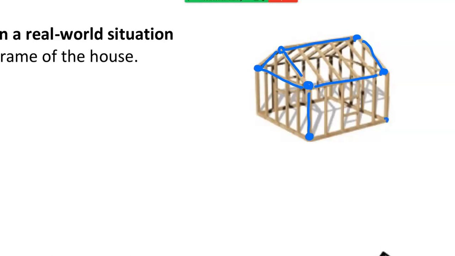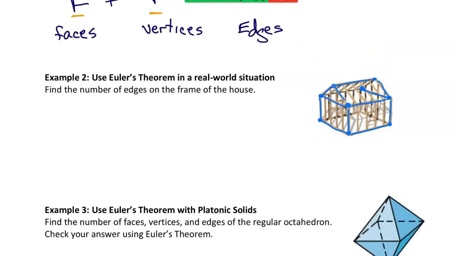Here's another blue dot, another blue dot. So hopefully this is starting to take kind of a shape. Okay, so then we can go across the back here. There's another dot over there. Okay, so don't think about the individual vertical sections as being separate faces. We're going for just the big faces.